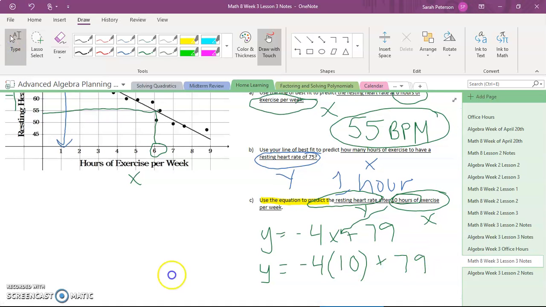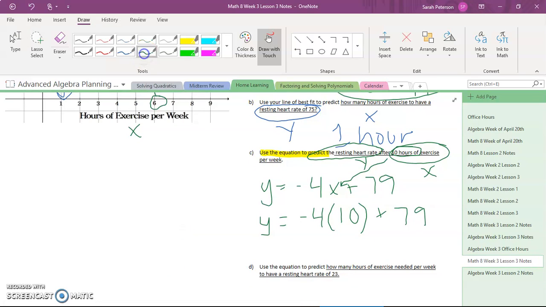And then I can use my calculator to solve. I can keep this Y equals. Negative 4 times 10 is negative 40 plus 79. So I'm going to use my calculator. Negative 40 plus 79, and I get 39.